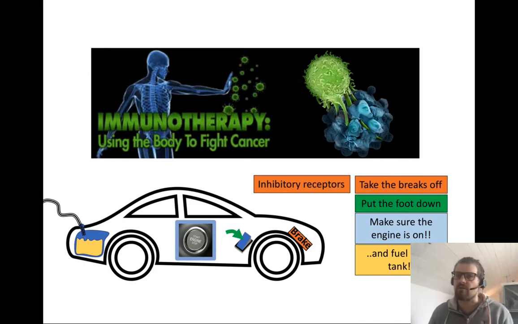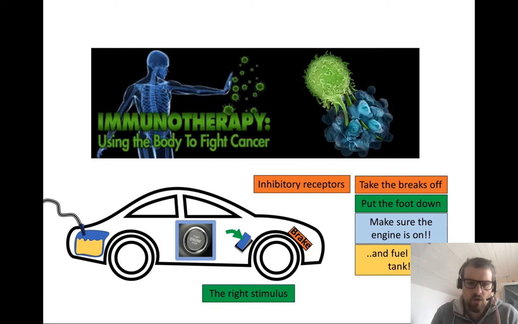For T cells, we know that PD-1 is an important inhibitor receptor, and that's why checkpoint inhibitors work. PD-1 can be expressed in NK cells, but there are other inhibitor receptors that can also be expressed on NK cells, and that could be the reason why they're not working in cancer patients. We need to think about what the right stimulus is to stimulate NK cells to exert their anti-tumor functions.